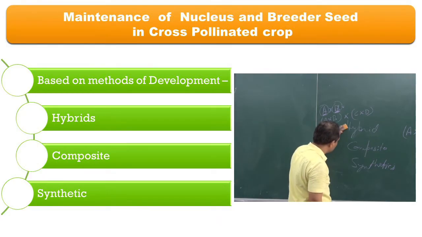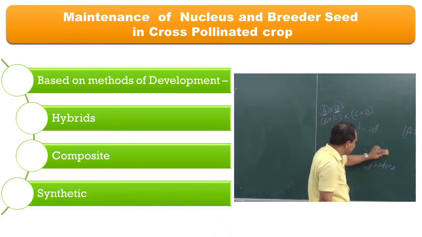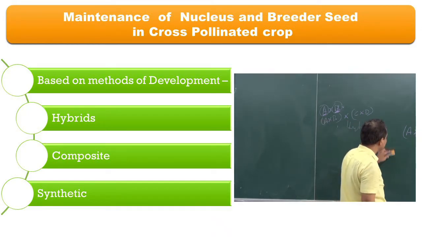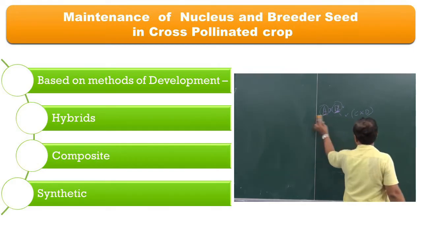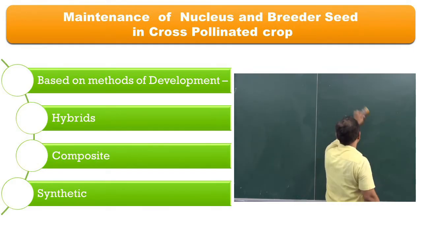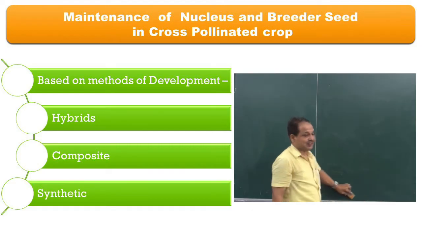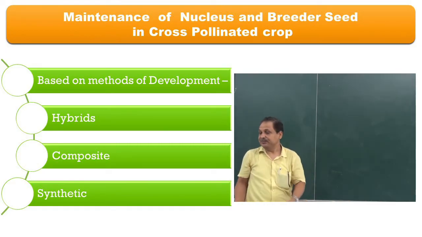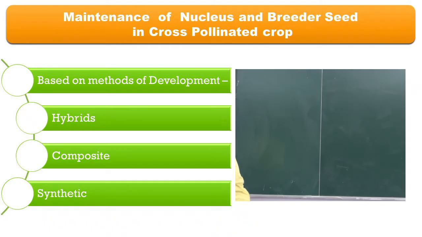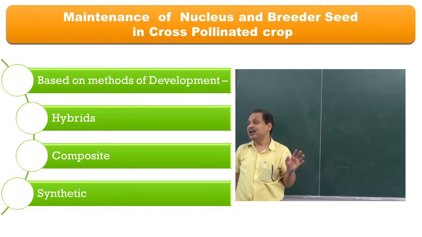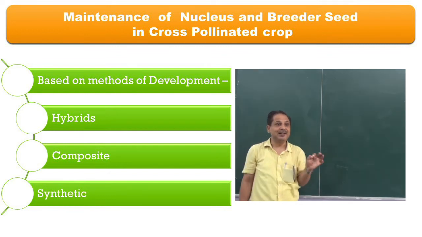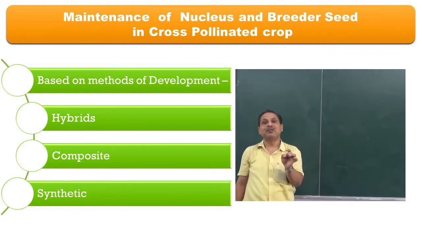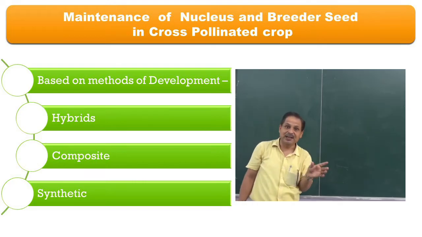Inbred lines are self-fertilized lines which are completely homogeneous. So first we should maintain the nucleus seeds of inbred lines. And how can we maintain them?